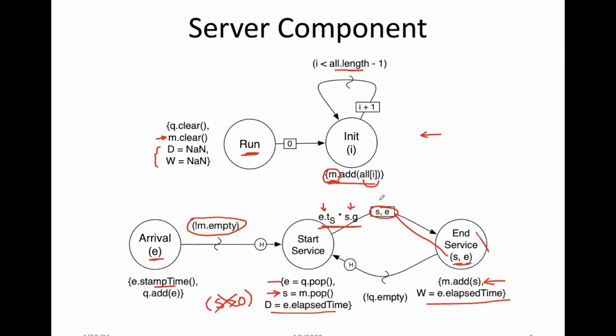So a server with efficiency of 1 is just going to be the processing time. A server with efficiency bigger than 1 is going to take longer. And a server with efficiency less than 1 is going to take less time. So this captures what we were trying to do.